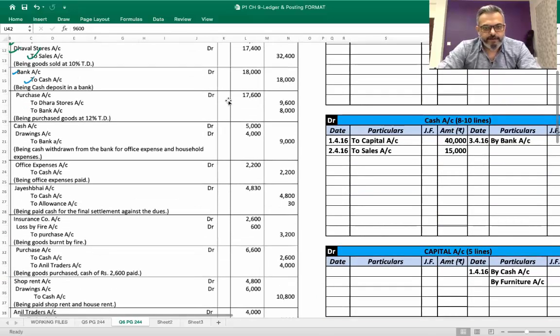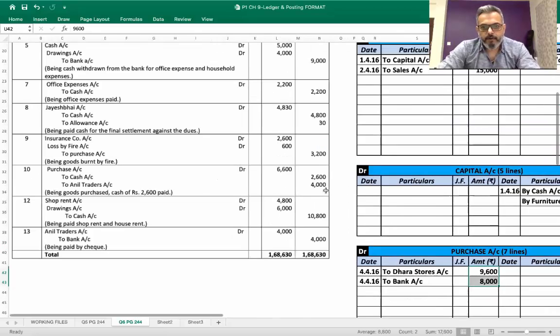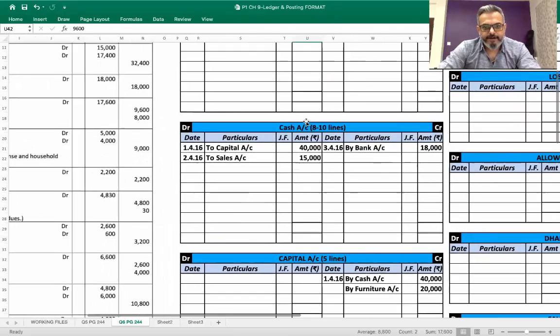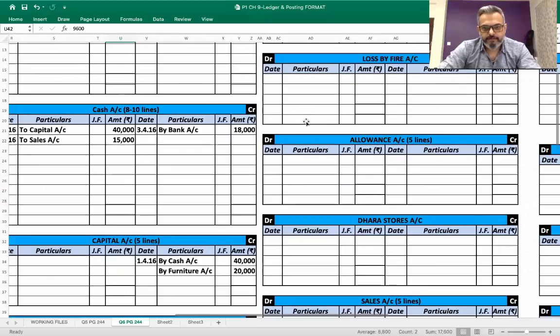So purchase account debit 17,600. Check the total of both. Okay. Now, Dhara stores credit 9,600. So let's locate Dhara stores credit 9,600. 4/4/16 by purchases.